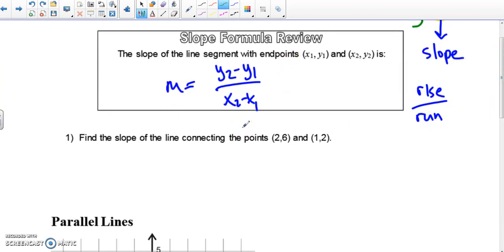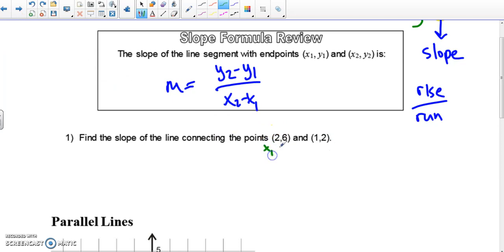And when I ask you to find the slope between 2 points, you can kind of take your pick. If you want to get out a piece of graph paper and graph those points and then count your rise over run like we did in that example in class, you can do that. Or what probably makes a little more sense, since we don't have this graphed already, we can just use the formula.